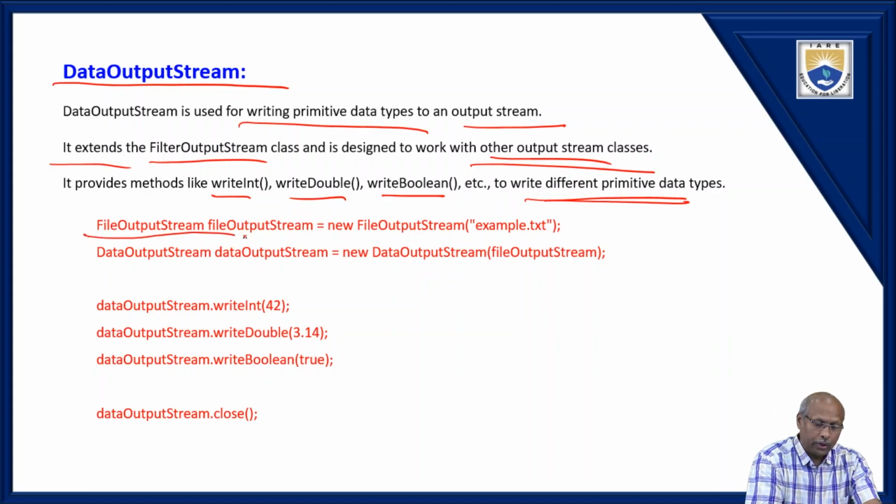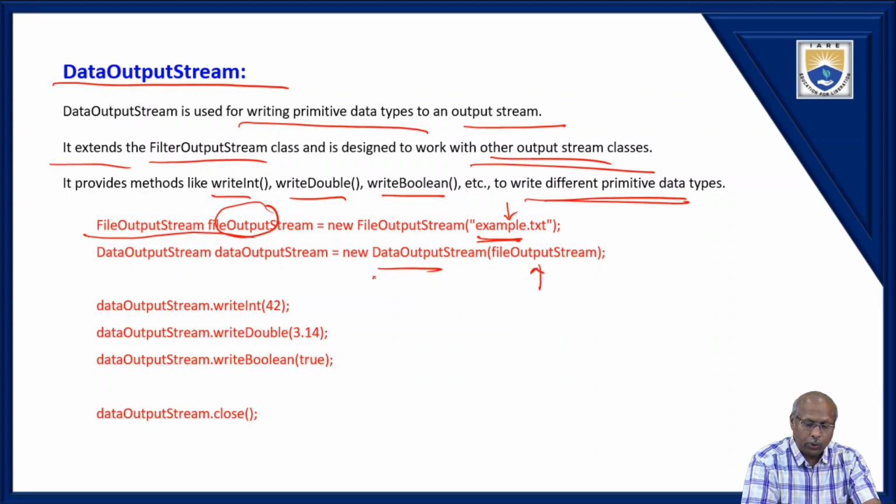Now, new FileOutputStream, my example is the example.txt file. Into this file I want to write, and this FileOutputStream object I am linking with the DataOutputStream. So the DataOutputStream will allow you to write to the file smoothly.